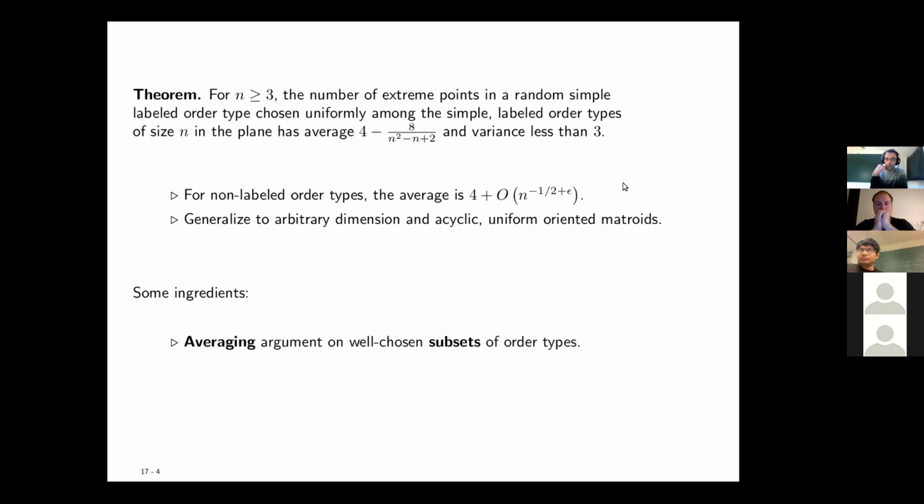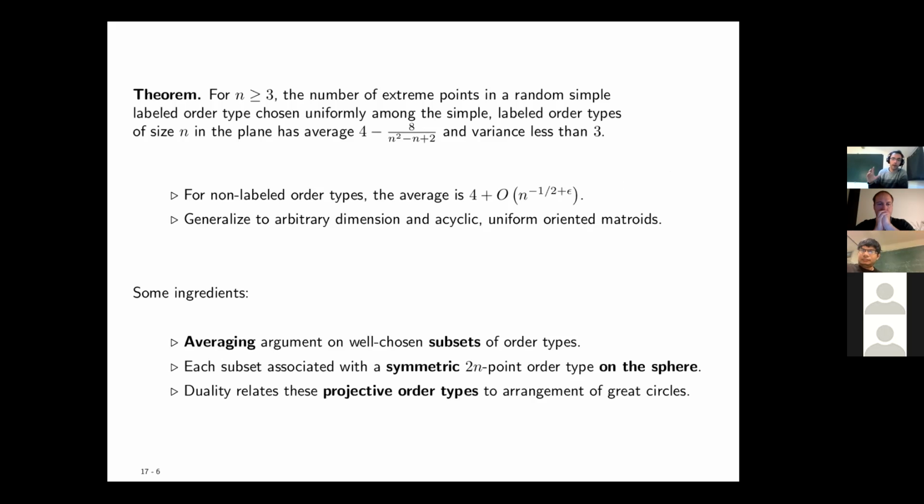And I'm going to give you a few ingredients of the proof. First, the idea is to average the number of extreme points over well-chosen subsets of order types. Then each subset, we will represent by a symmetric set of two endpoints on the sphere.